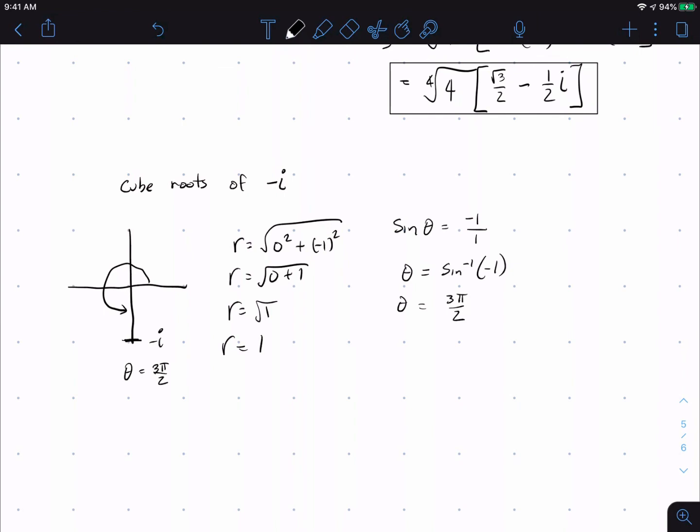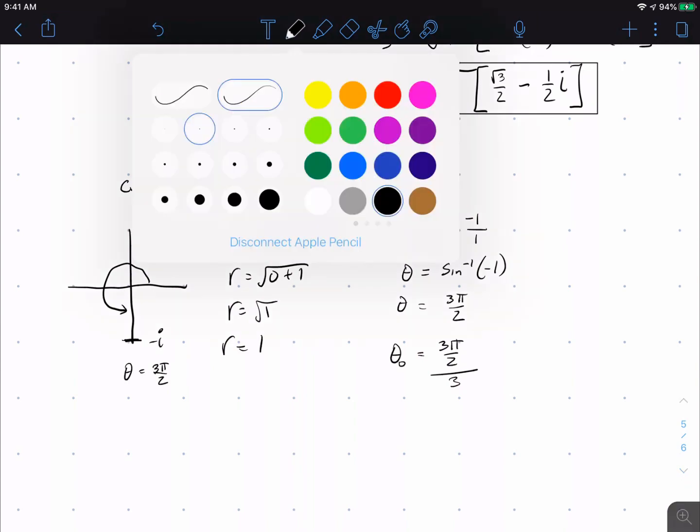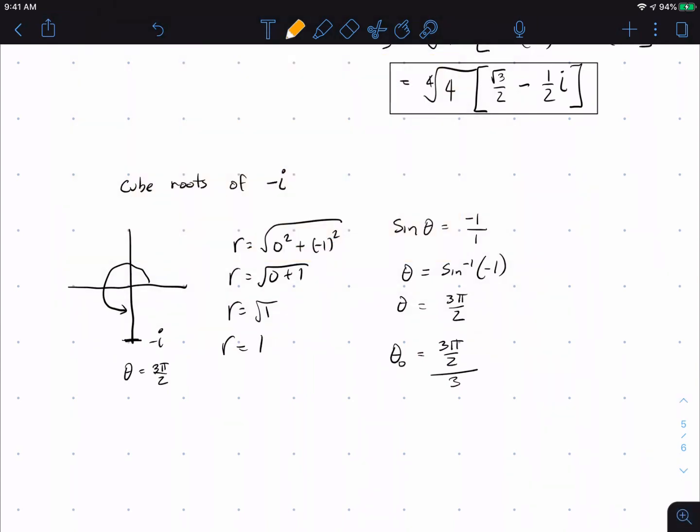So now we have that angle. Our n is 3 though, right? Since n is 3 because it's a cubic, my initial angle is going to be that 3 pi over 2 divided by 3. And so that's going to put us right here for our theta naught.